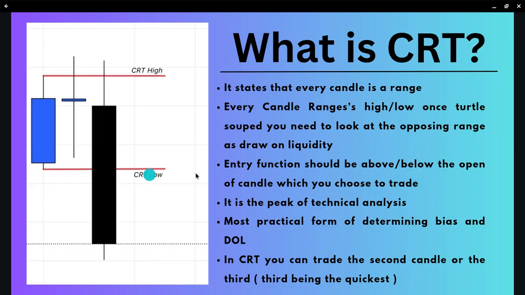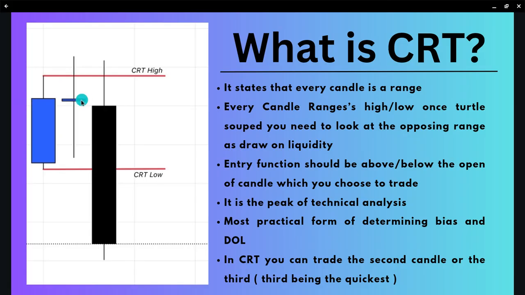Every entry should be above or below the open of the candle which you choose to trade. What do I mean by that? If you choose to trade the advance entry, candle number 2 right here, which is the candle which turtle soups the first candle, so if you choose to trade this one, your entry shall be above the open of this candle.